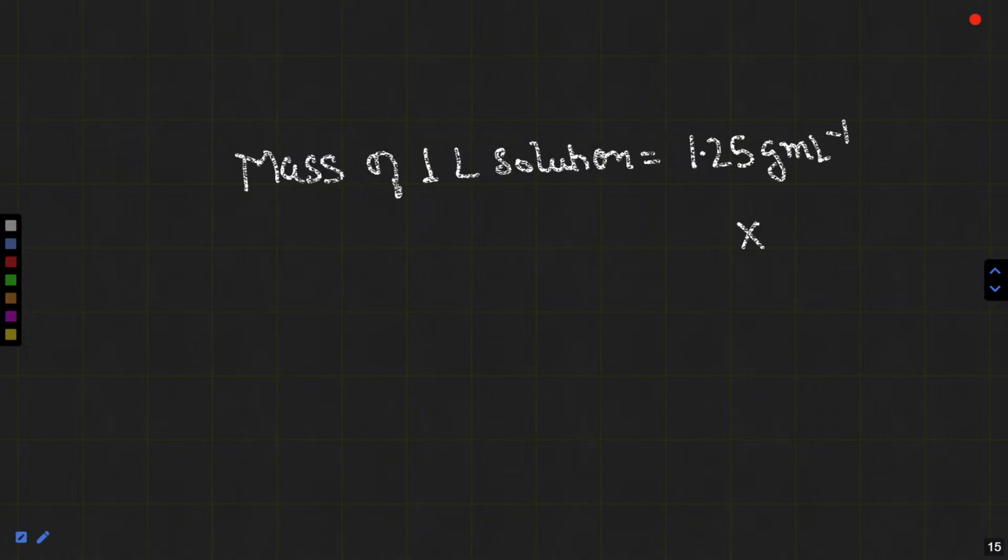And what is the amount that will be present in 1 liter? Of course, it will be 1 liter. You have to convert this into milliliter. So multiplying it by 1000, 1.25 multiplied by 1000 will give you simply 1250. So this is the mass of the solution. And how much solution? 1 liter of solution.